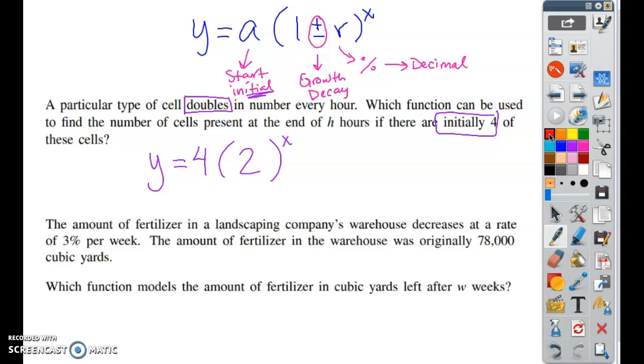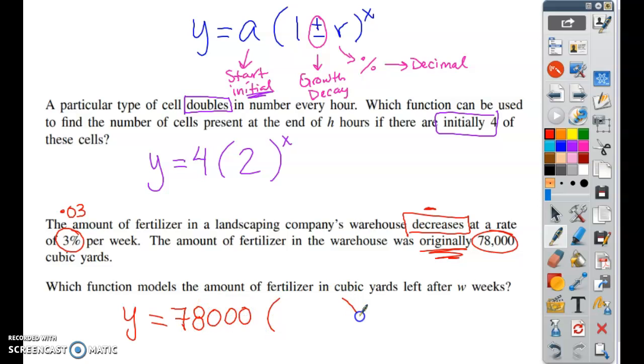Okay? And then this bottom one, the amount of fertilizer in the landscaping company warehouse decreases, so it's going to be minus, at a rate of 3%. So that's 0.03 per week. The amount of fertilizer at the warehouse was originally 78,000 cubic yards. So, y equals, how much did I start with? 78,000. Don't put any commas. Okay? And then, what was happening to it?